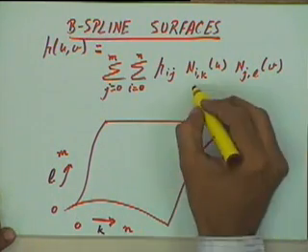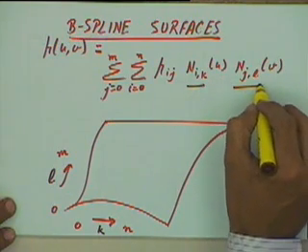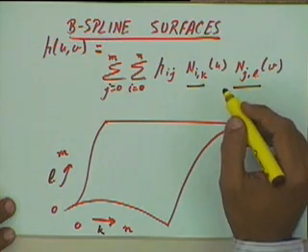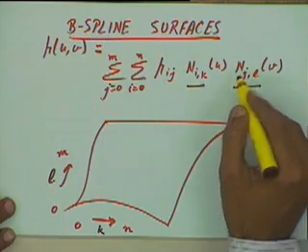And the definition of N_ik and N_jl will be done in a manner similar to what we had done for B-spline curves. These definitions will remain the same.